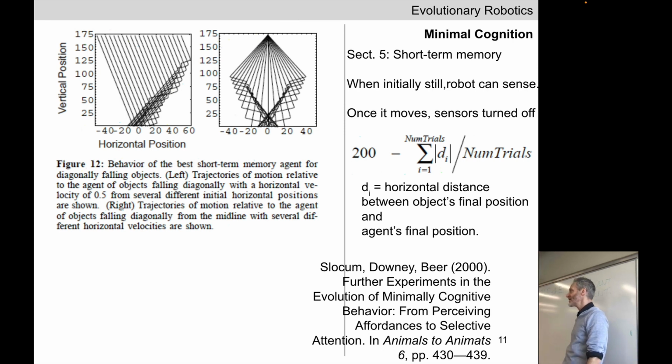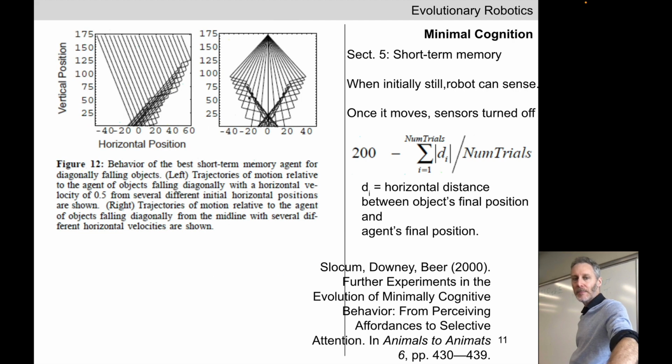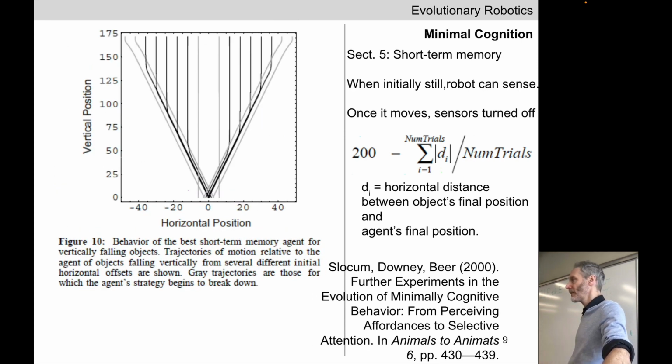What does this evolved CTRNN cause the robot to do in this case? It's doing something different than what it did in these cases. What's the difference in the robot's behavior between this and this?